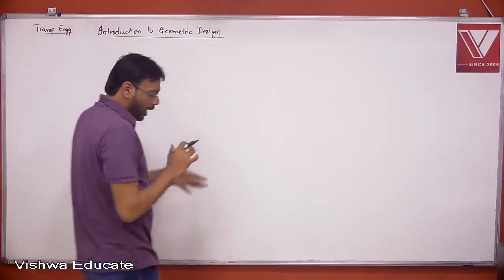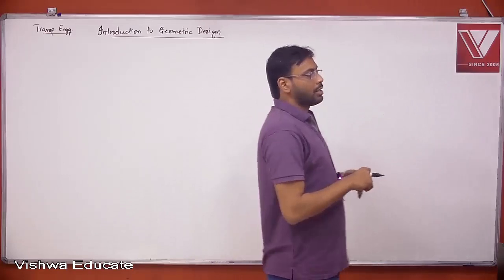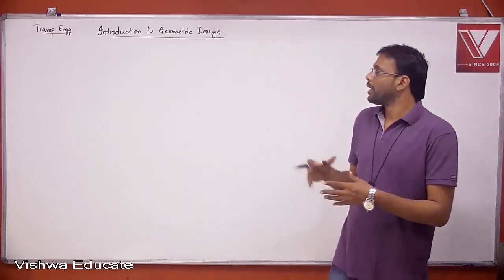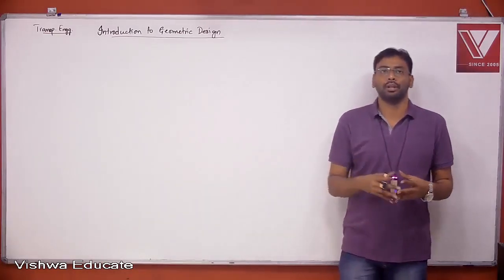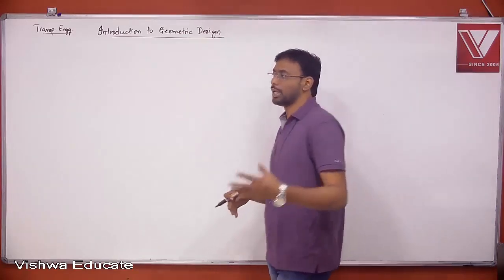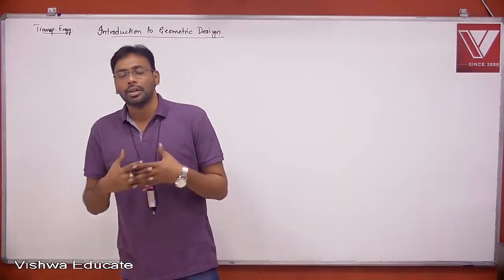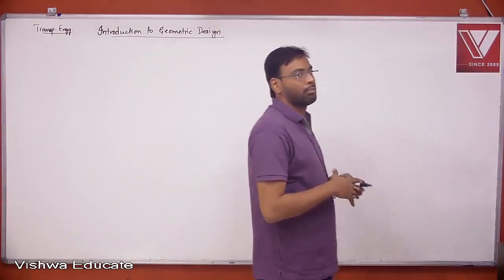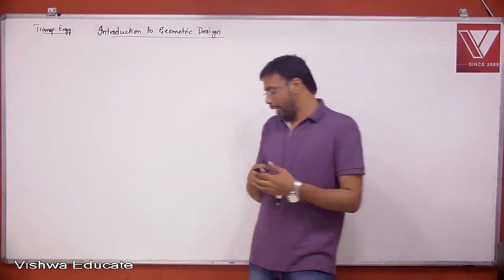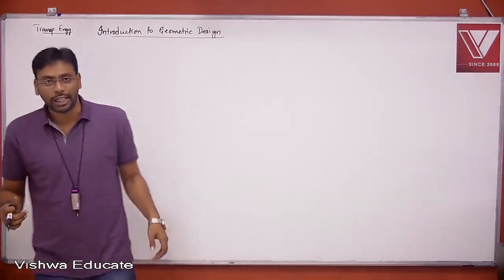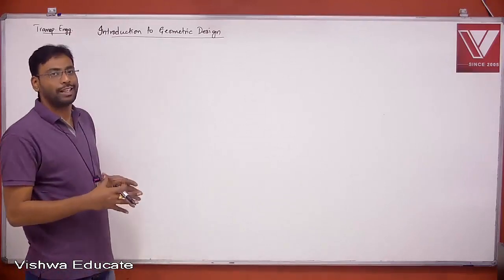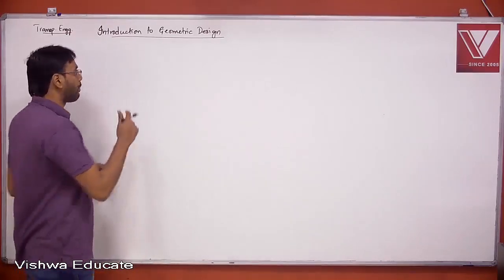So in the last session we have seen the basics of camber or cross slope, the formulas for it, and the shapes of camber like parabolic camber and straight line camber, right? And the table which gives the values to be provided for camber.